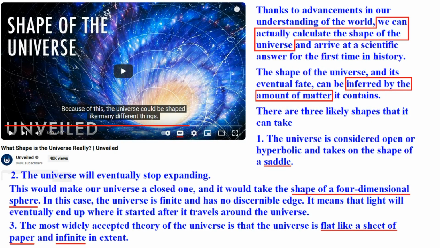And then he continues, it could be saddle shaped like the previous guy, right? Shape of a four-dimensional sphere. Oh, what is that? I mean, a four-dimensional sphere, what kind of shape does a four-dimensional whatever have? And then the third possibility is it's flat like a sheet of paper and infinite. Okay? So if it's a sphere, it's not infinite.